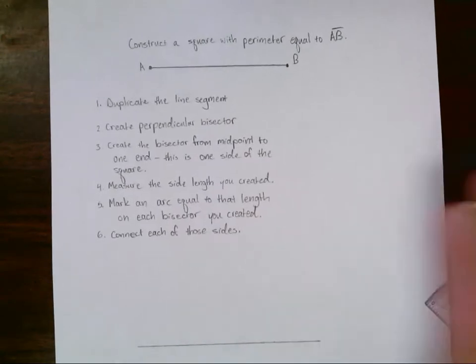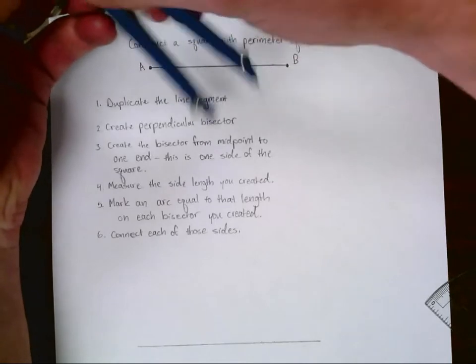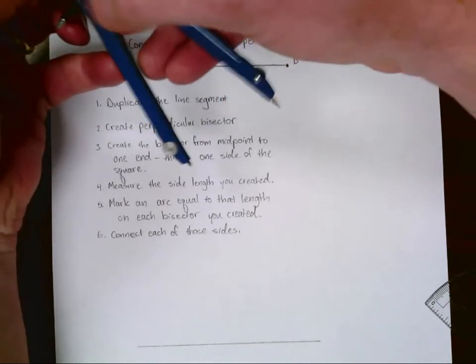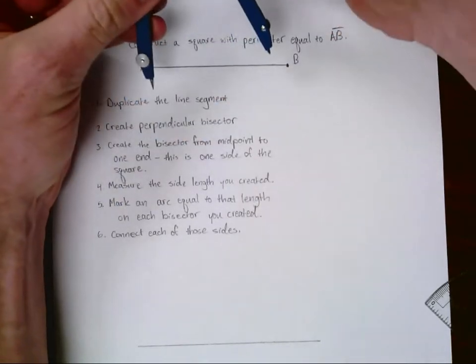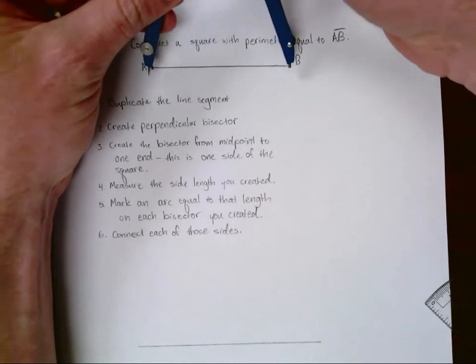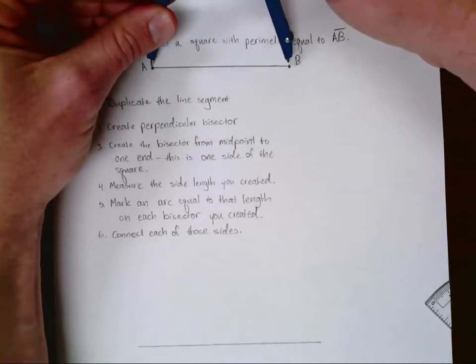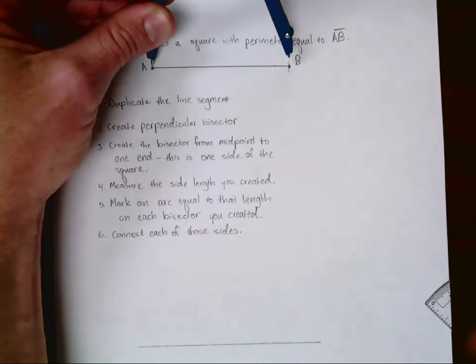Alright, next I'm going to use my compass to measure line AB. Make a small line to make sure it's the right length.